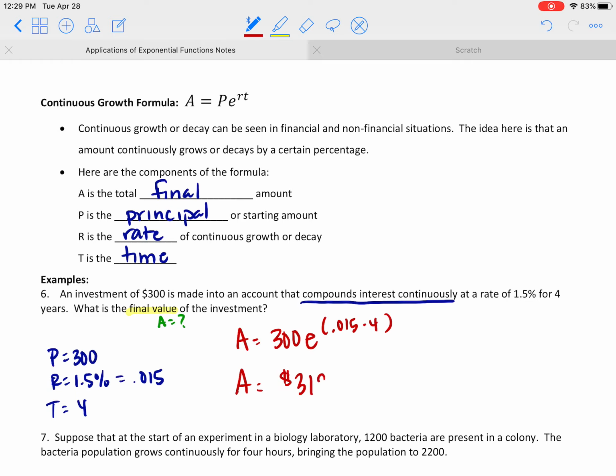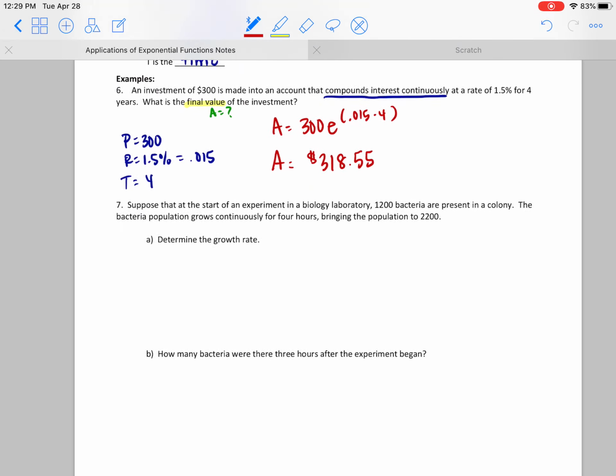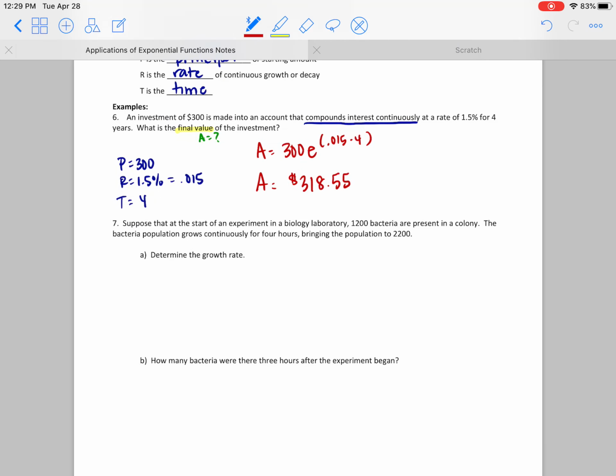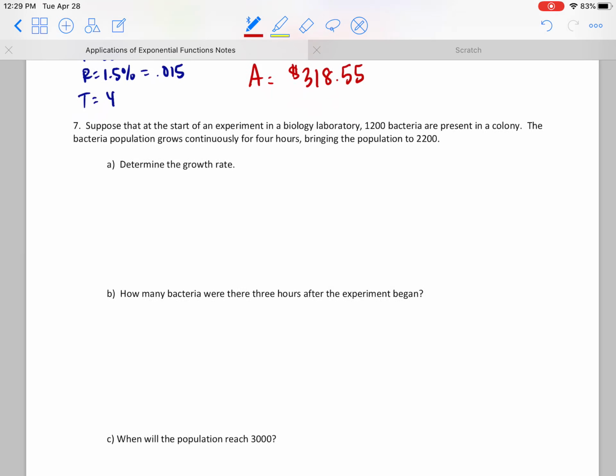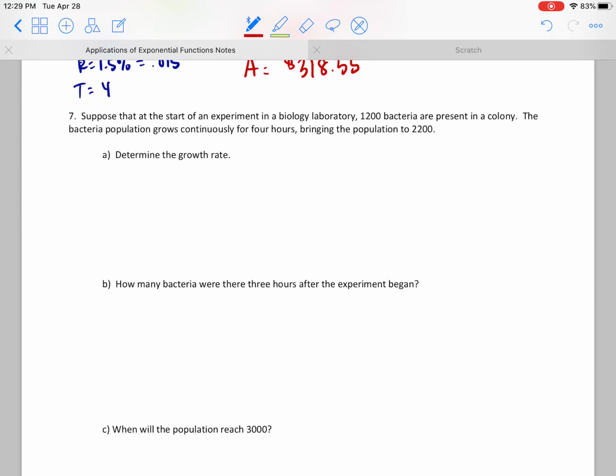So let's use the calculator from there. 300 times e raised to the, in parentheses, 0.015 times 4 is $318.55. Since we started with 300, that's $18.55 of interest.